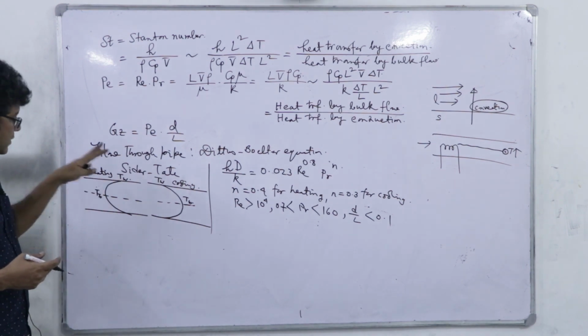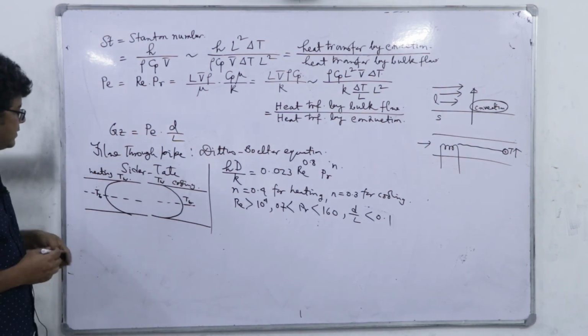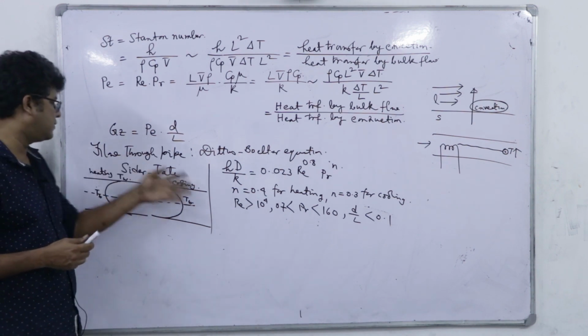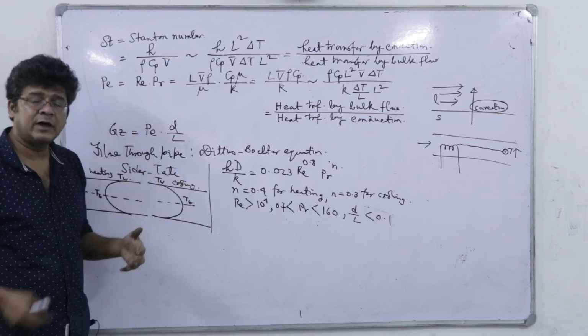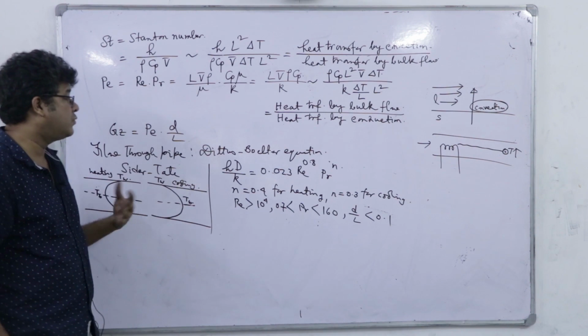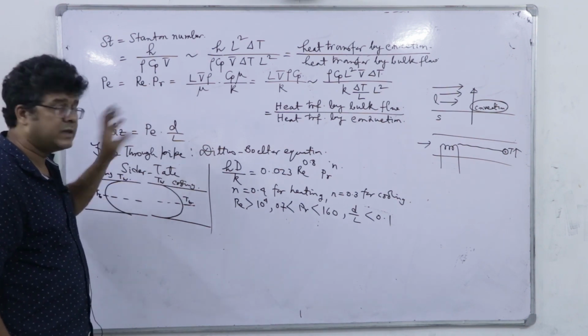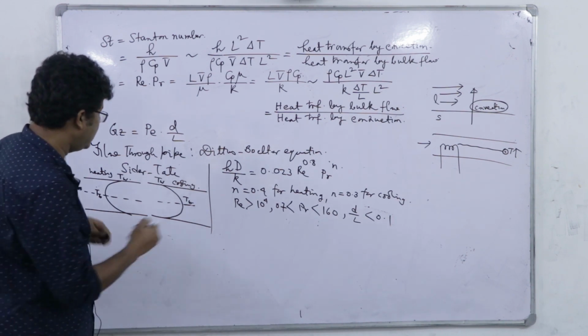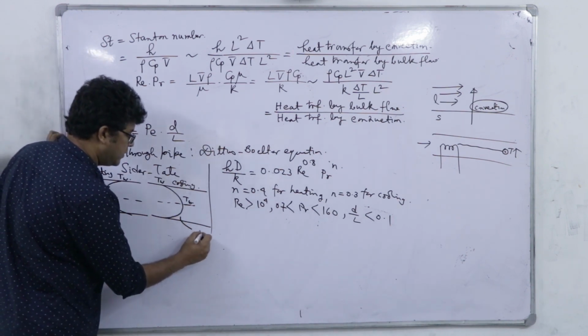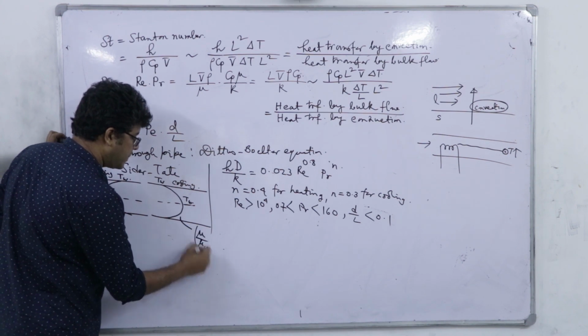Now the introspection reveals that whenever the heat transfer process changes from heating to cooling, we have a change in the viscosity ratio of the bulk to that of the wall. So they included this mu by mu W term, right?